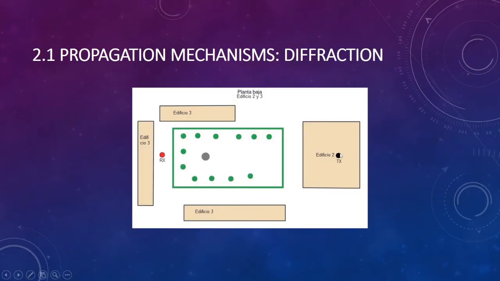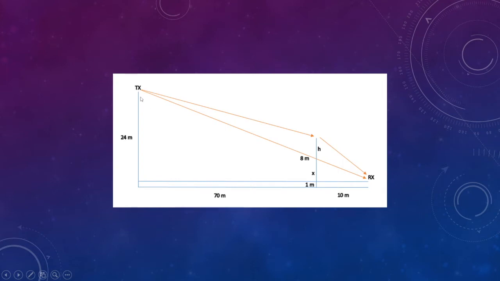To measure the propagation mechanism of diffraction, we assumed that the transmitter antenna was in the building 2 and we were receiving the signal in front of the building 3, and there were some trees that would cause the diffraction. This is our diagram that shows our approximate measurements of the situation.